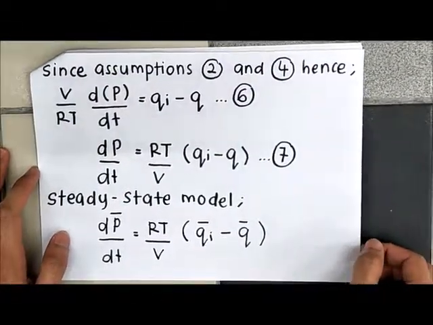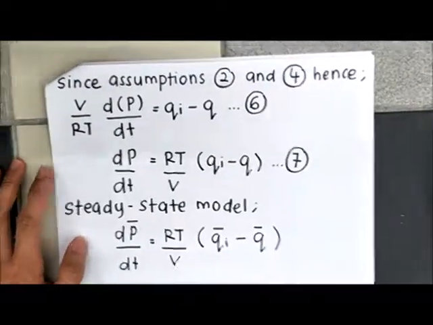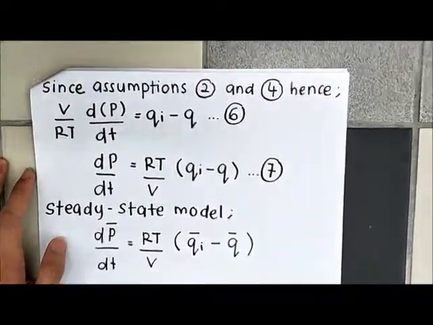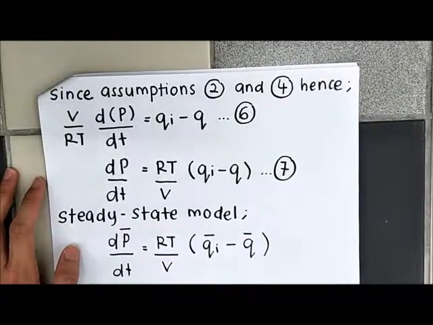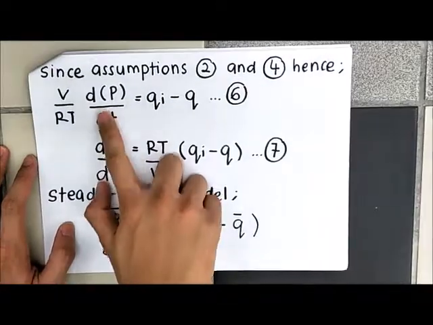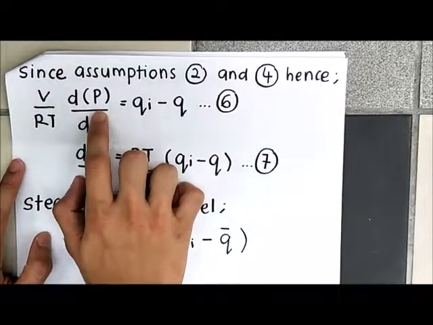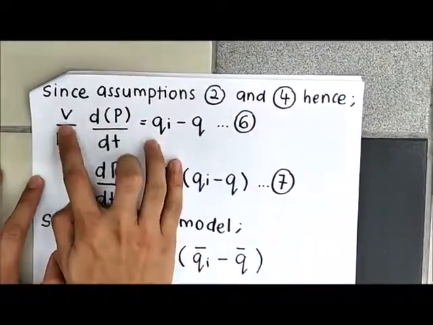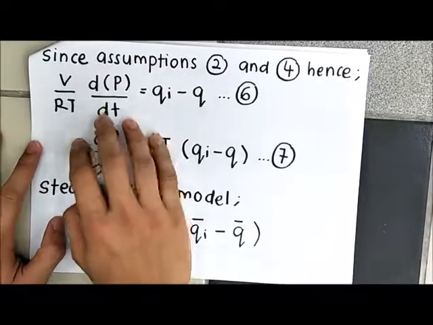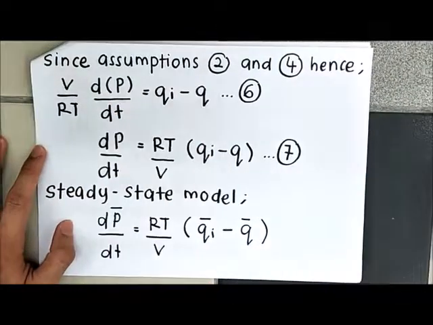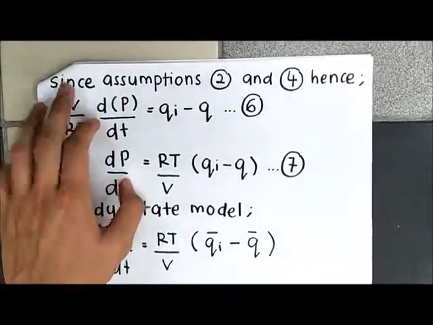Since assumptions 2 and 4, which are constant volume and temperature, we can put the volume and the temperature outside, and we maintain the P inside.